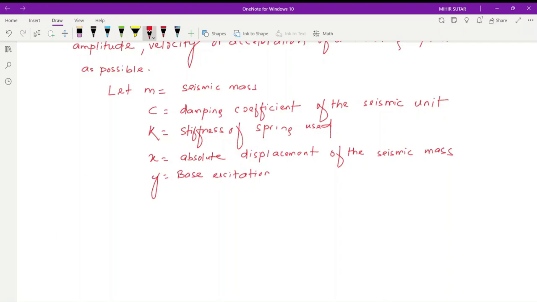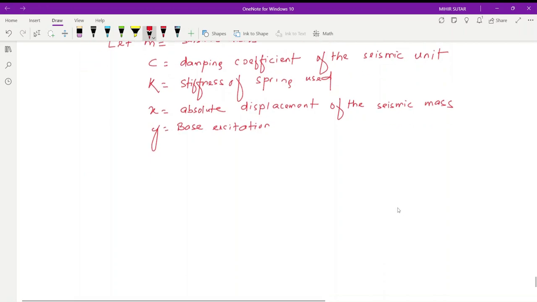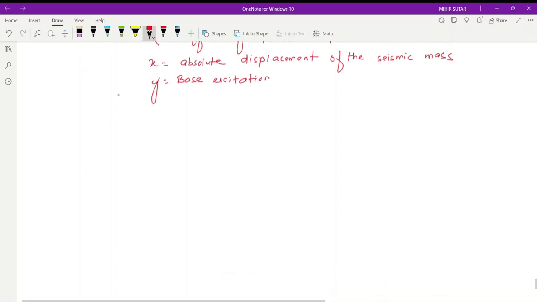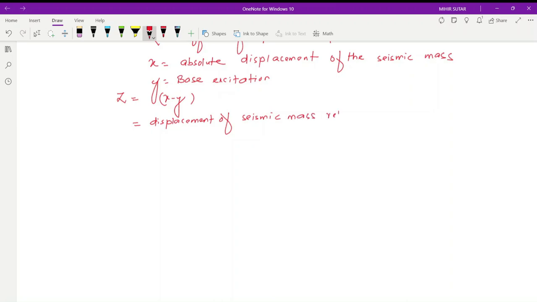Now let's say we have a relative displacement component. We'll describe this as Z. It will be denoted by X minus Y. This is the displacement of the seismic mass relative to the frame, we can say.